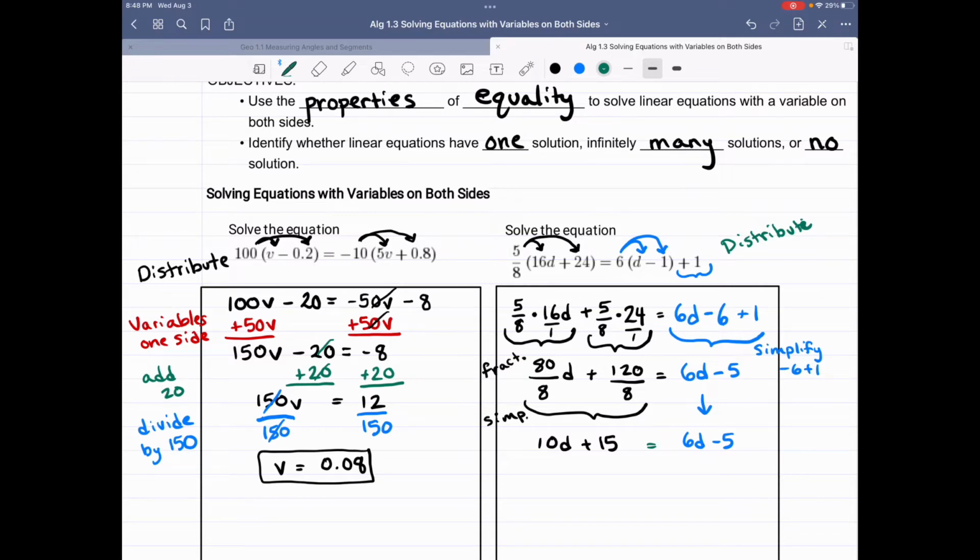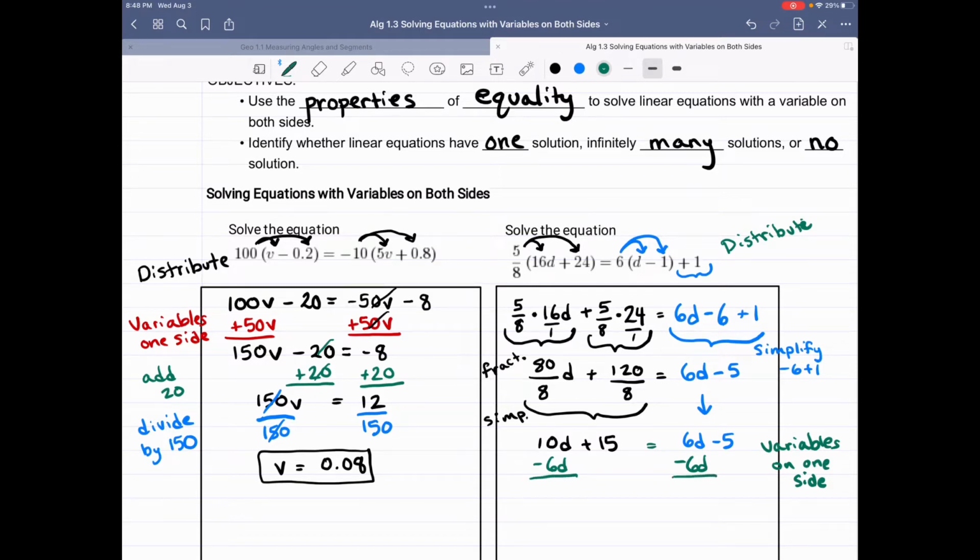The next step that we're going to do is get variables on one side. Minus 6D from 10D.